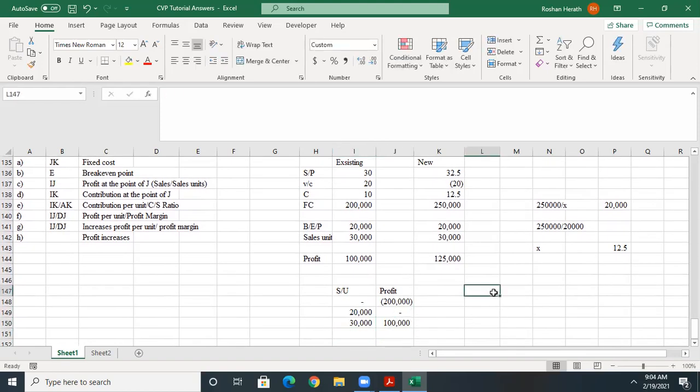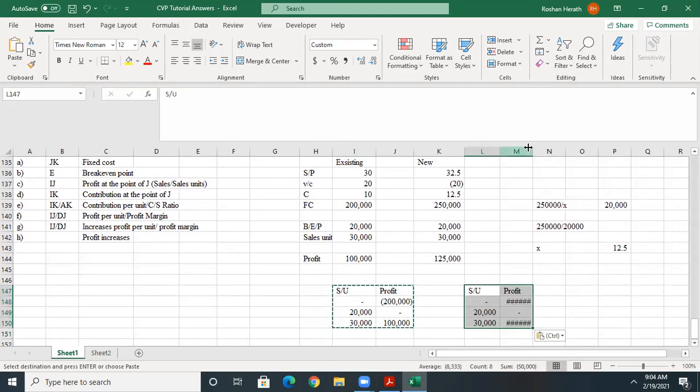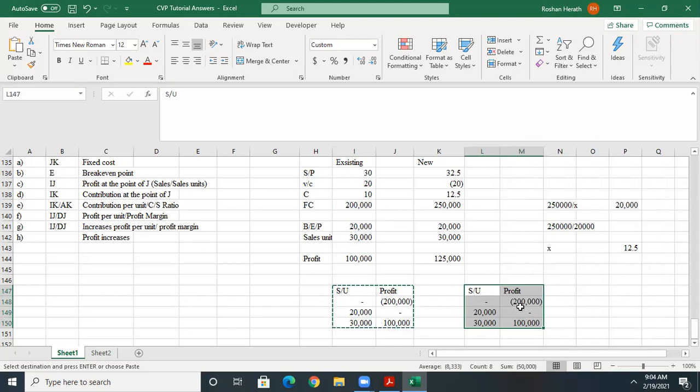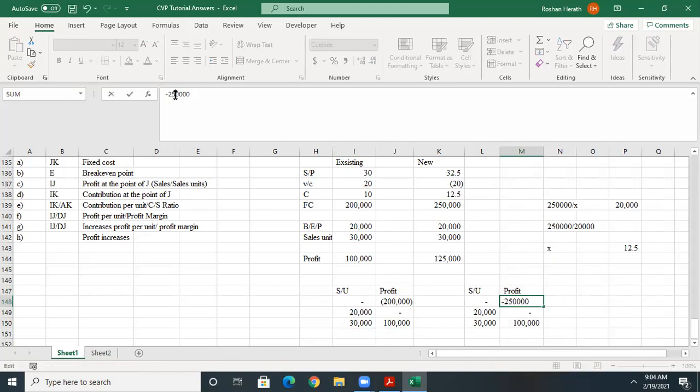So this is the original scenario. Then you can take the new scenario. Take the new scenario. The sales unit 0. Profit, it's a loss situation. It's 250,000 this time. And it's 20,000, 0, 30,000, 125,000.